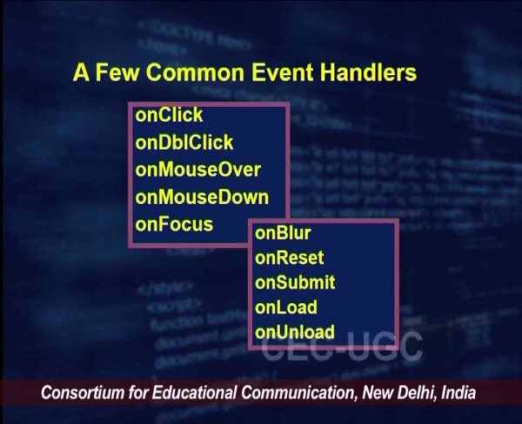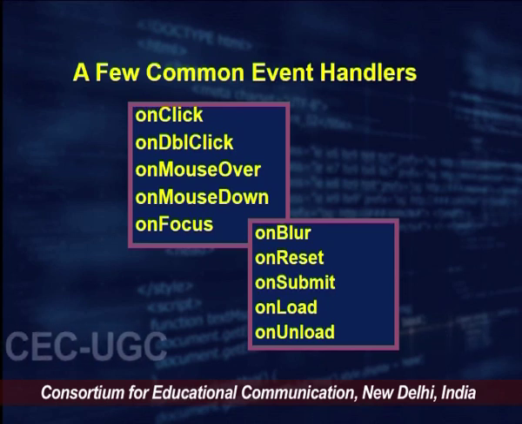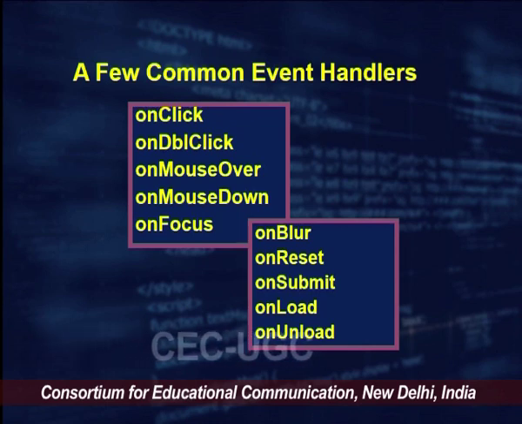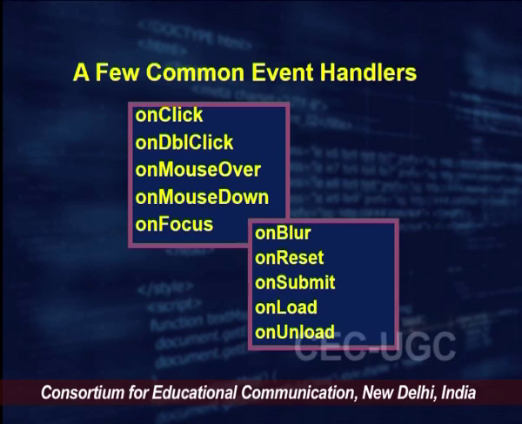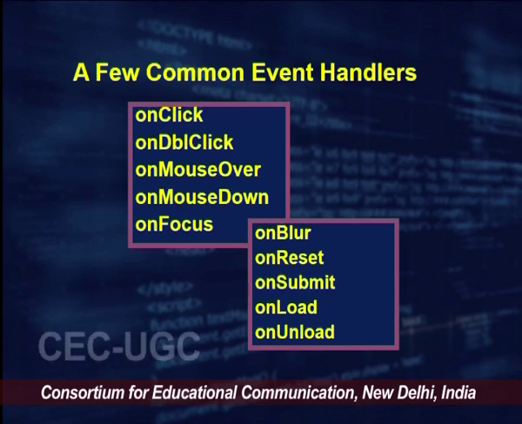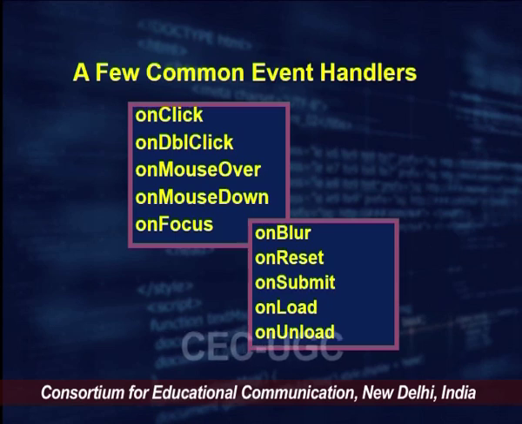The two events which are different here are onload and onunload, because all other events are referenced through a particular kind of element, but onload and onunload are basically events of the window element itself, the main window object. So these two events are different from the rest.